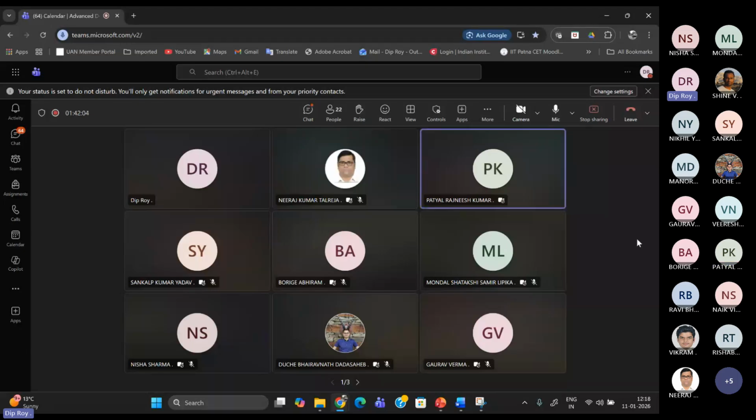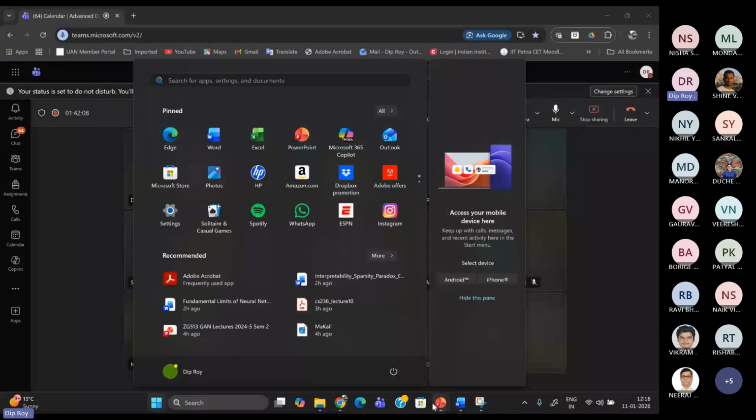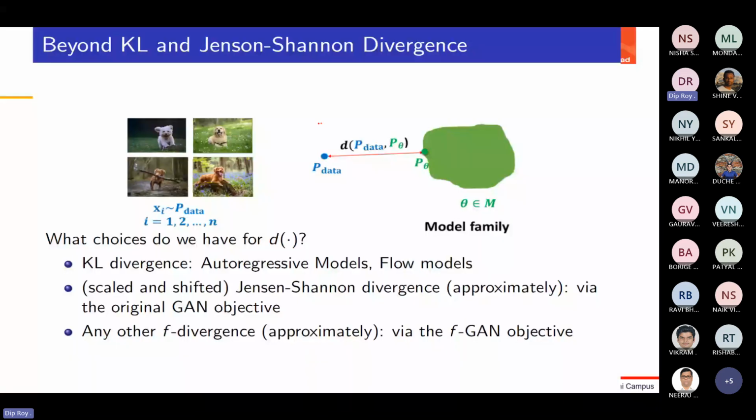Now, ultimately, the thing that we can play around with is only this. You have your training data, which you cannot do anything else with.